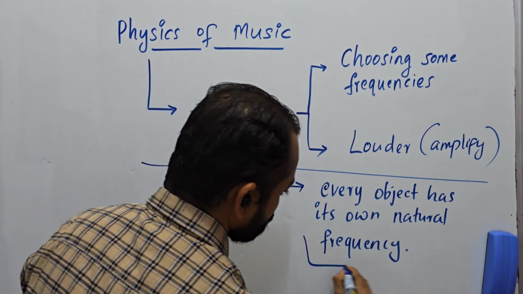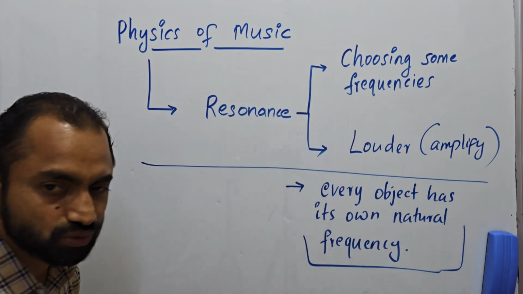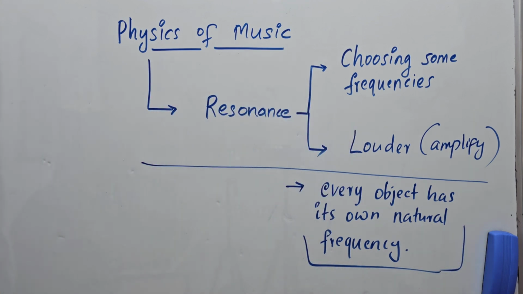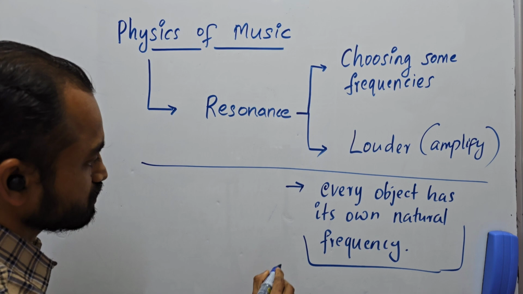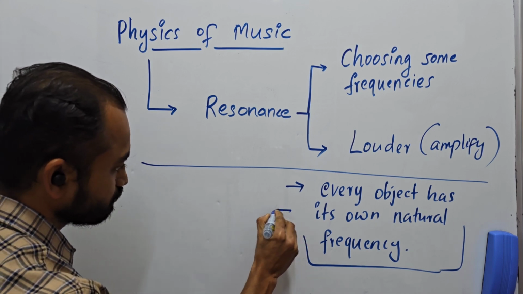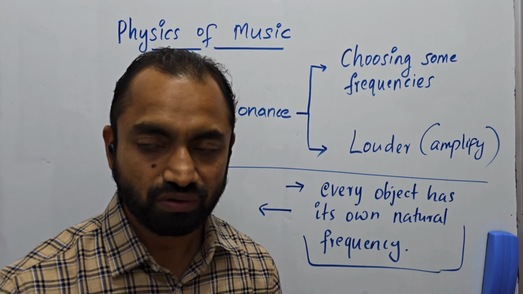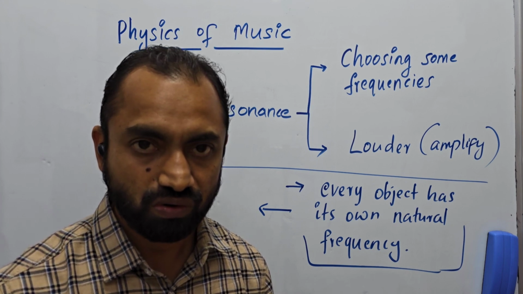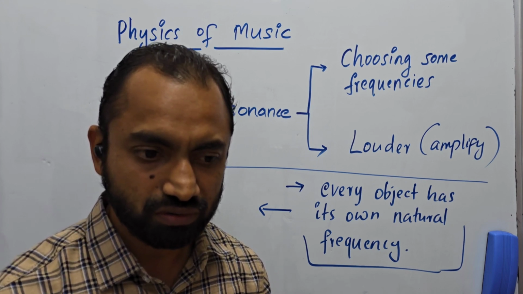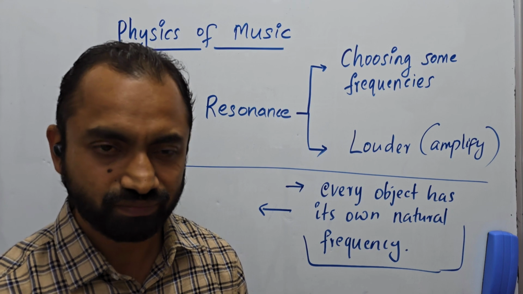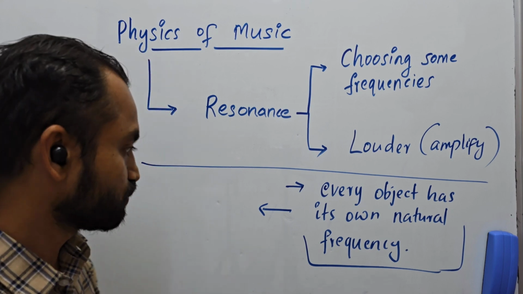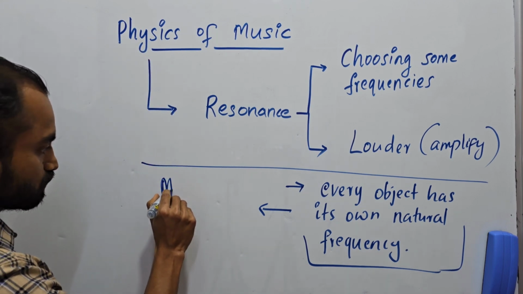So natural frequency depends on what of the object? Try to say something. Very good. It depends on the mass of the object.